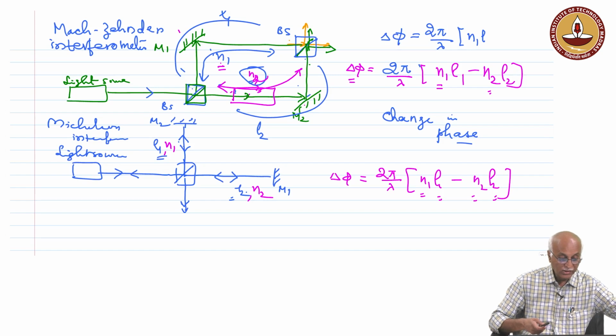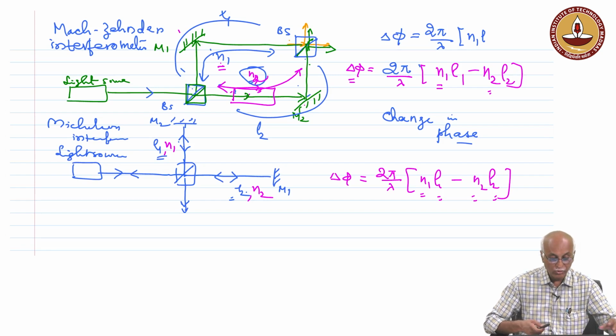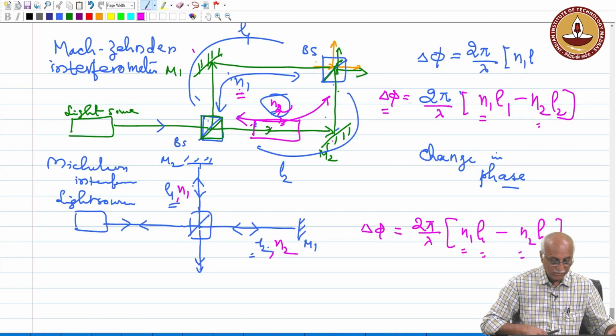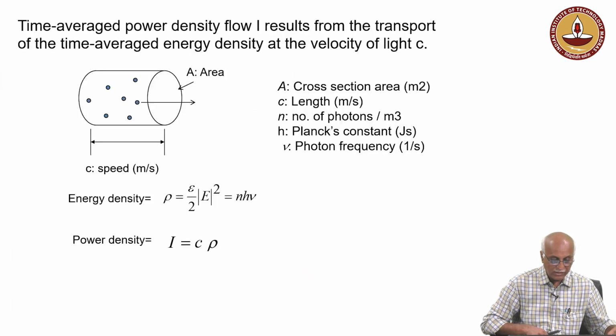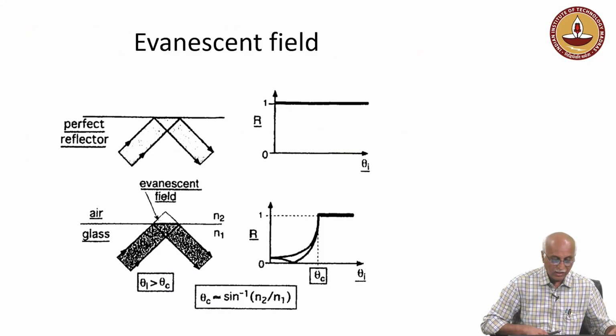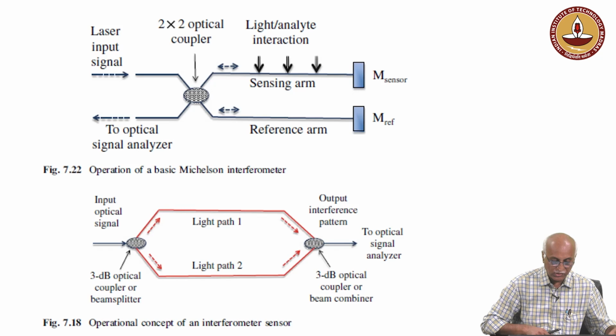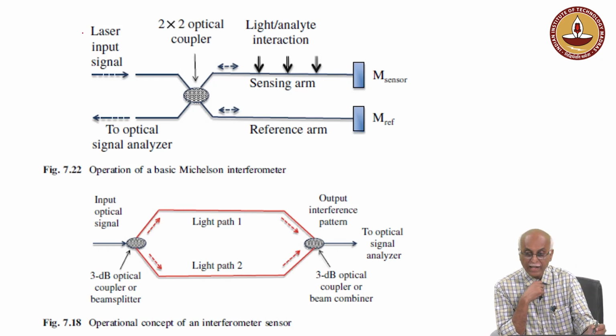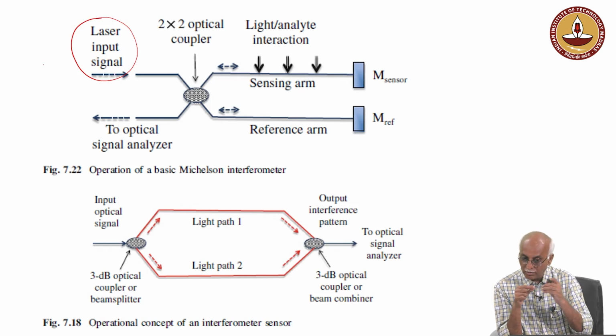Now, what I explained to you is in free space. However, if we look at optical fiber, the configurations are quite similar. In the case of optical fiber, the light from the source is coupled to the optical fiber with a lens or some coupling optics.